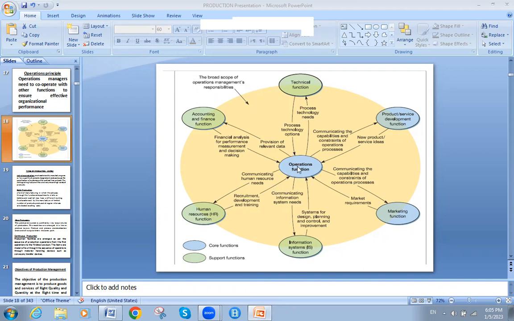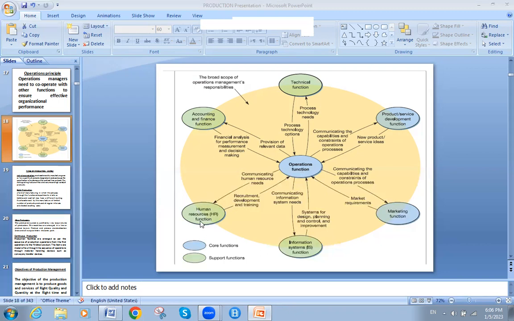So we'll find an example. Let us say the operation function or the production management is in kind of integration with the accounting department, of course, because its needs should be translated into financial money. Once we purchase our raw materials, it will go to the accounting department to register and record the transactions.